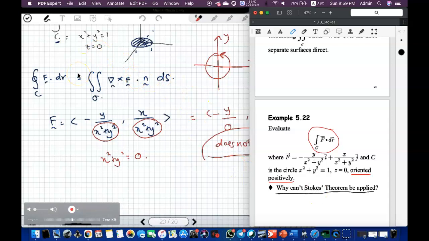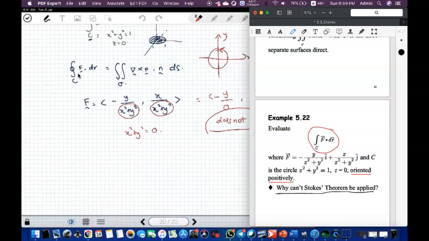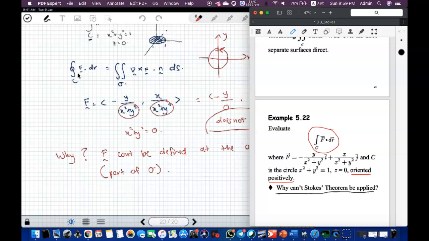Why can't they be applied? Because the function f cannot be defined at the origin, where x squared plus y squared equals 0. F cannot be defined at the origin, where we know the origin is part of the surface sigma as given in this case.